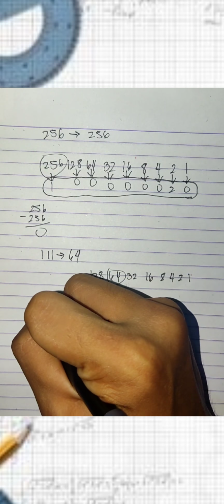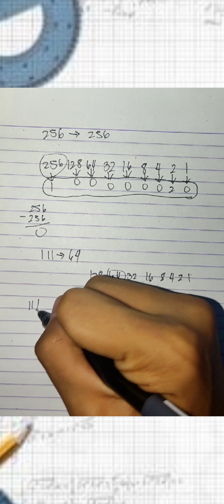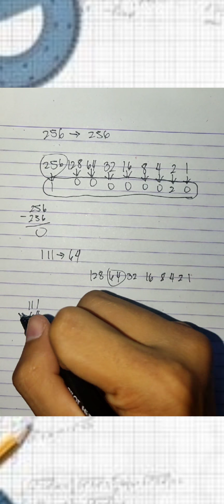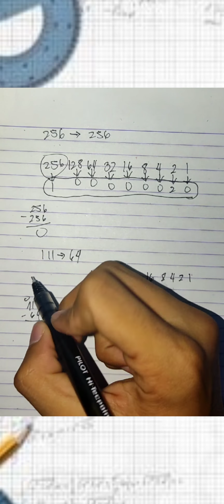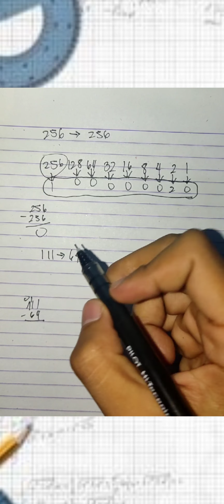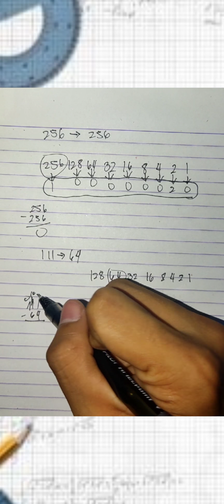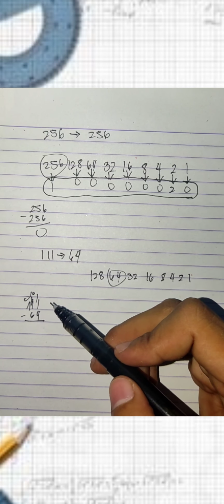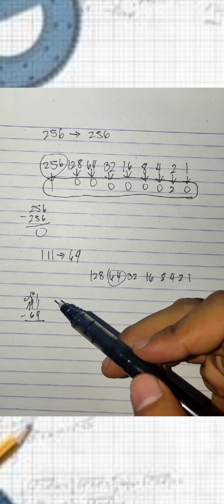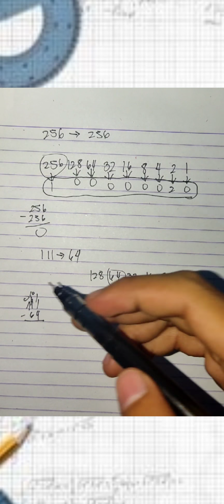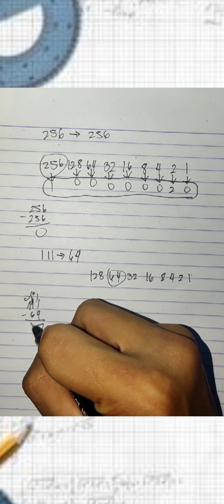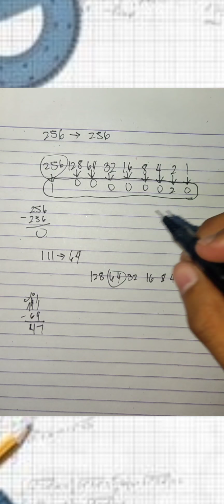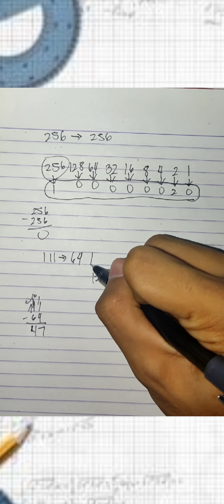Then 111 minus 64 is 47. 0, 11, magiging 10 na lang. 11 minus 4 is 7. 4, 47. So lalagay na natin siya.